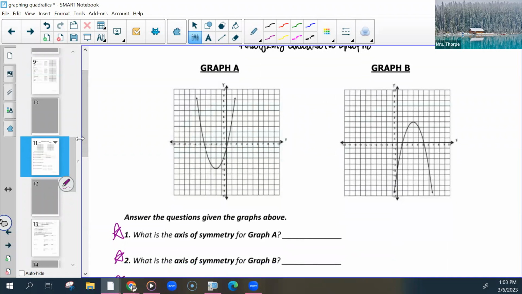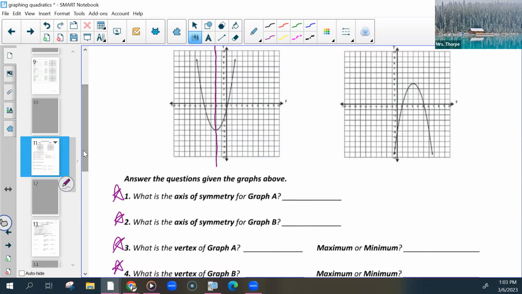So we're gonna go through and then we're gonna switch gears. Remember that your axis of symmetry is the line that cuts it in half. So it looks like here is where it cuts it in half for graph A. And then we would write that x equals whatever that value is. So x equals -2.